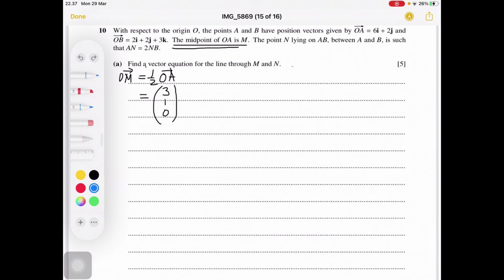So we write AN is equal to 2NB, or ON minus OA is equal to 2 times (OB minus ON).